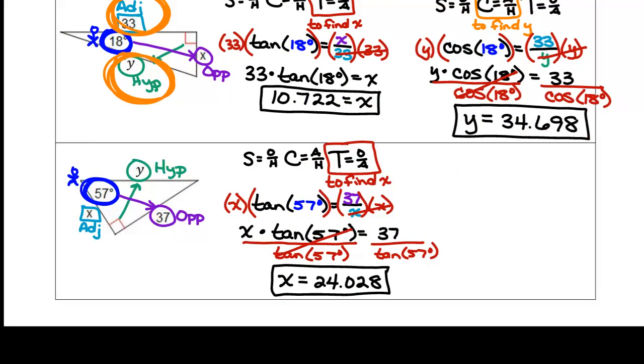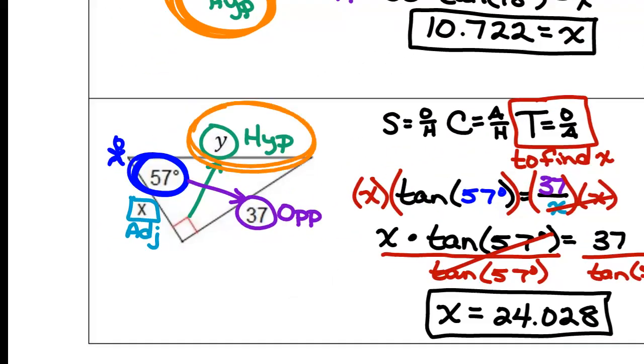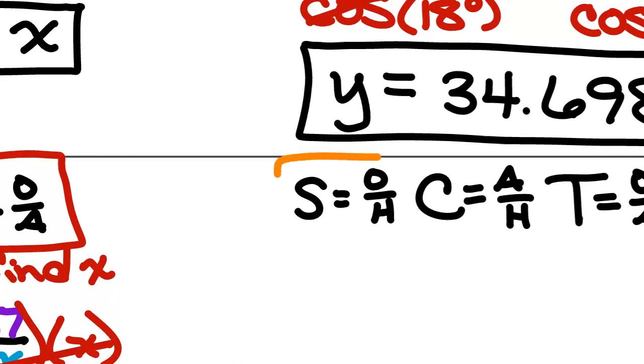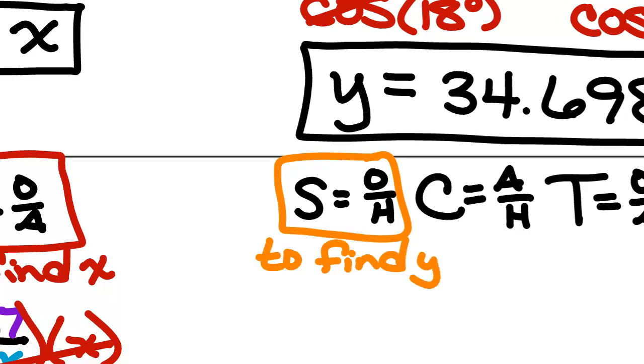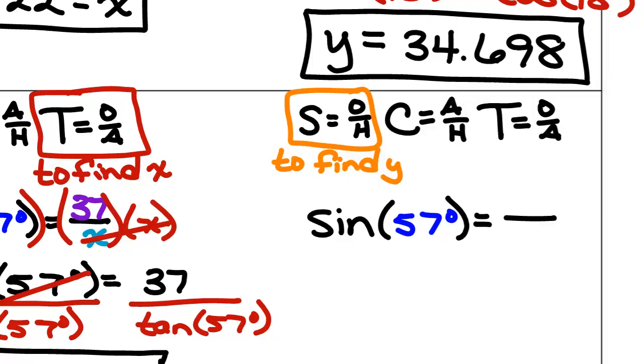And then the very last piece here, we need to find y. So we break out SOHCAHTOA. Y is my hypotenuse. I know the opposite side, so which function do I have to choose if I'm going to use opposite and hypotenuse? Sine. This is to find y. So sine of 57 degrees equals the opposite side, 37, over the hypotenuse, which is y.